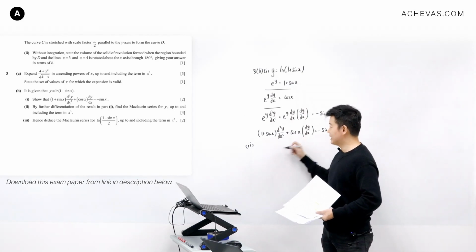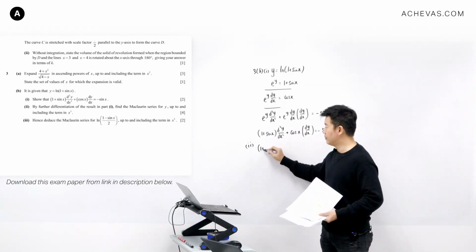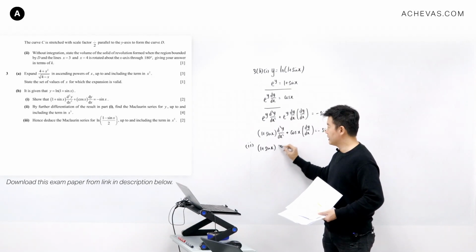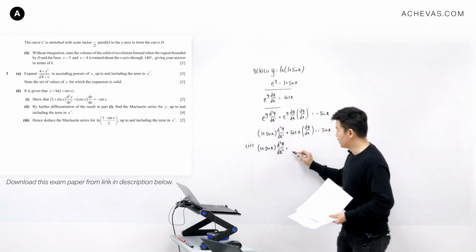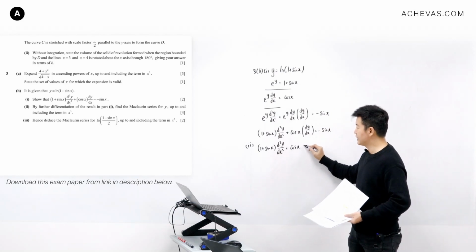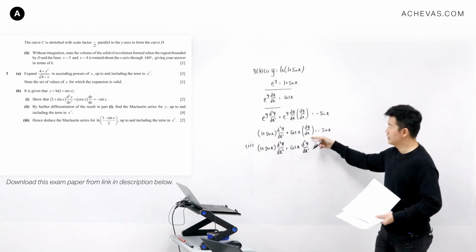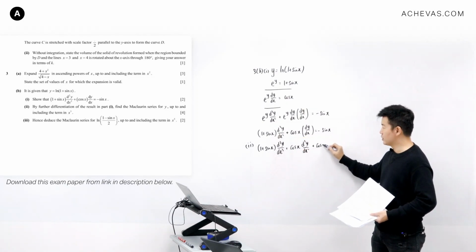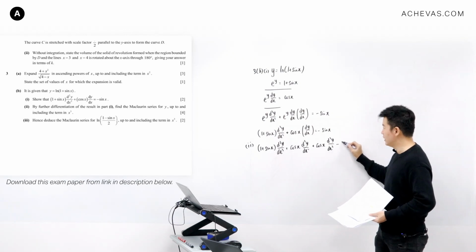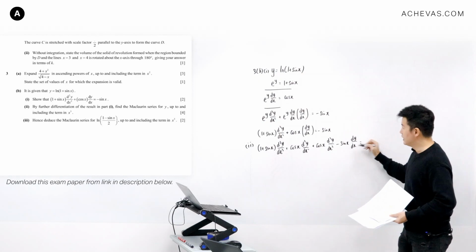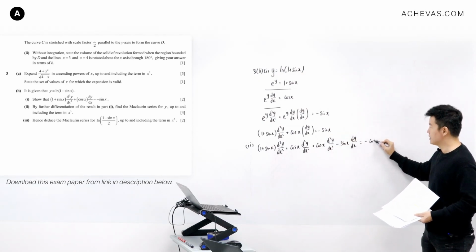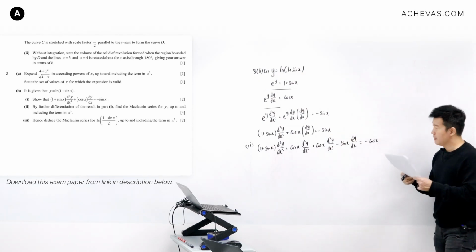So differentiating this again, it is going to be 1 plus sine x d cube y dx cube, product rule. So cosine x d square y dx square. Differentiating this again, I'm going to be executing product rule. d square y dx square minus sine x dy dx is equal to minus cosine x.